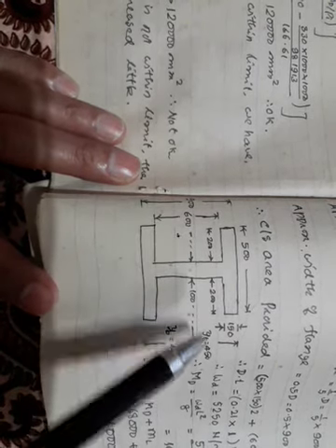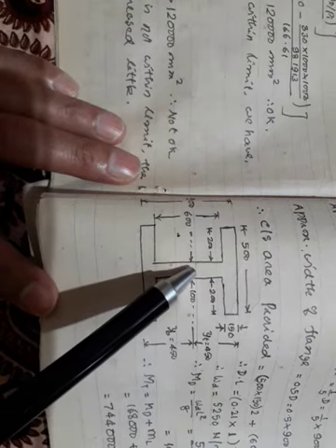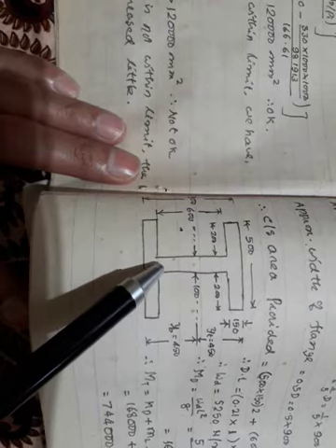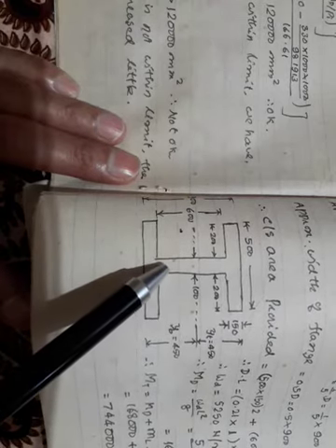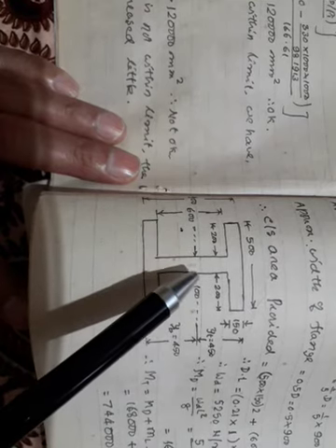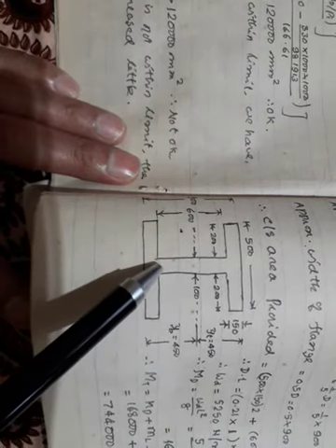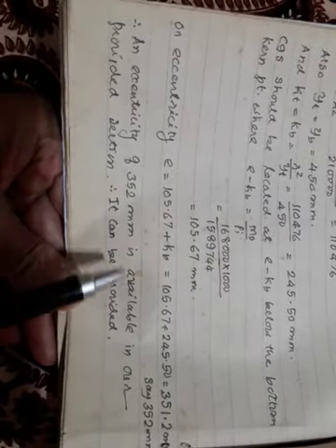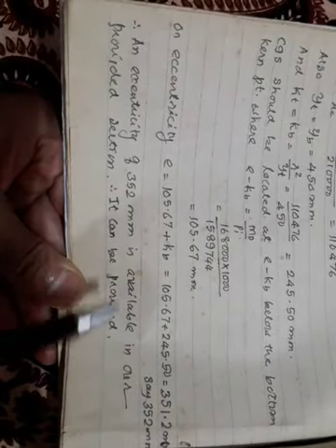From here, if I come down 352 mm eccentricity, it will be well within the section. Somewhere here it will lie. So now your eccentricity lies well within the cross section. So I have said here, this 352 mm eccentricity can be provided in your section.